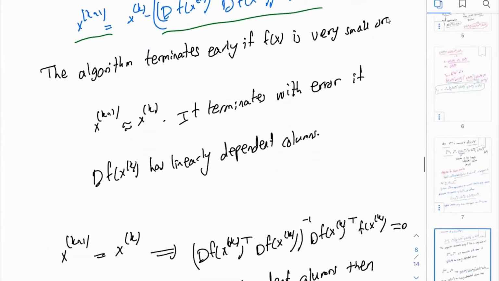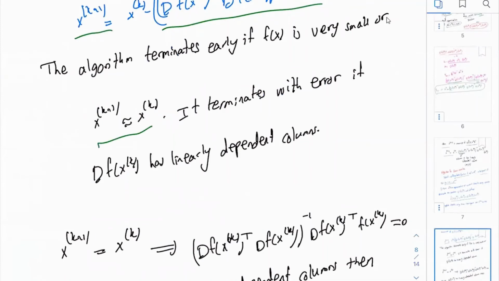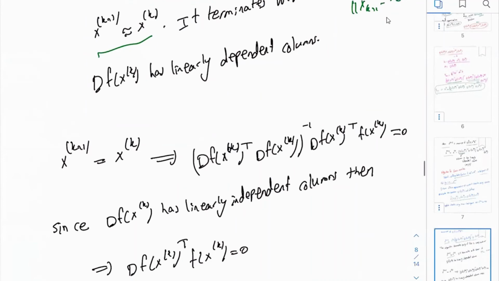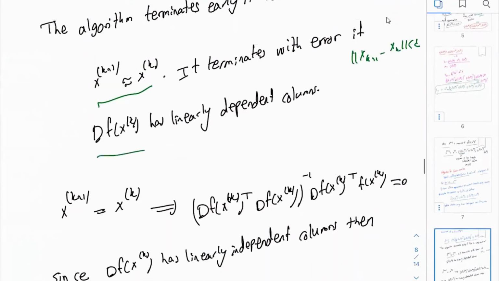All right. So when do we terminate that? You terminate when these two are close, right? So in a sense, you can check if this one is less than epsilon, and you terminate. Okay, more about that. But before this, I have to address this point. You terminate when xk plus 1 and xk are close.